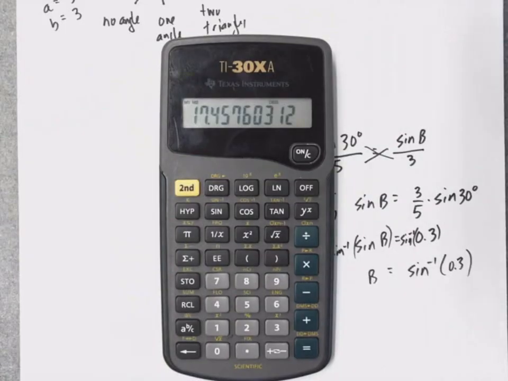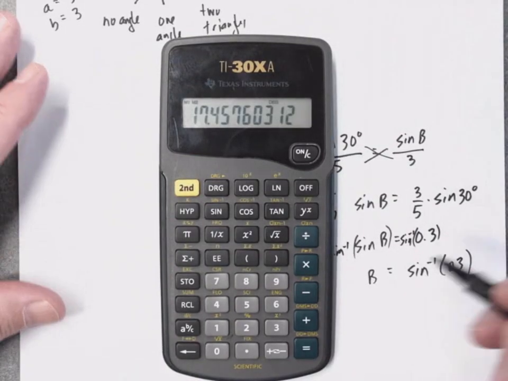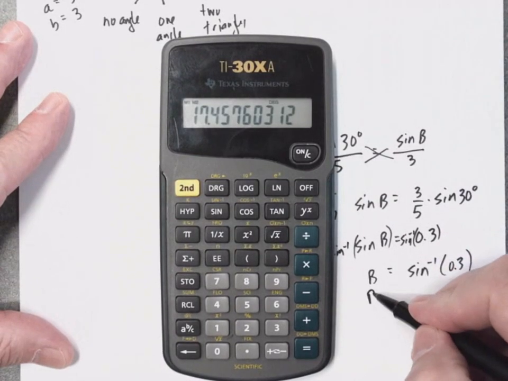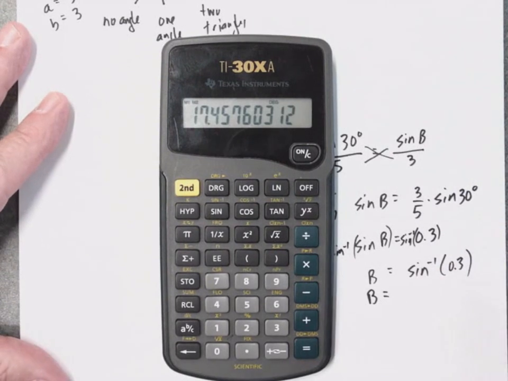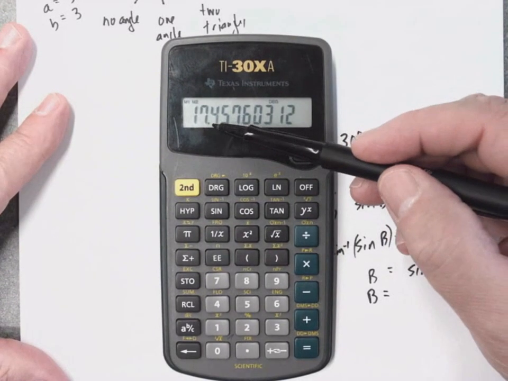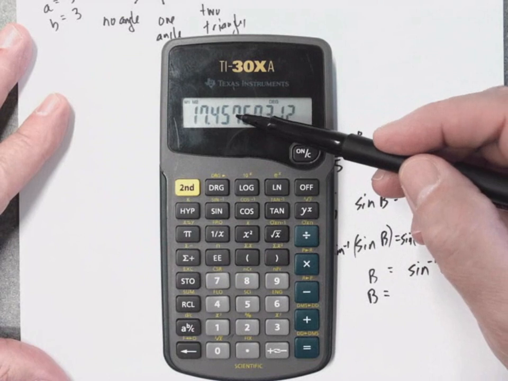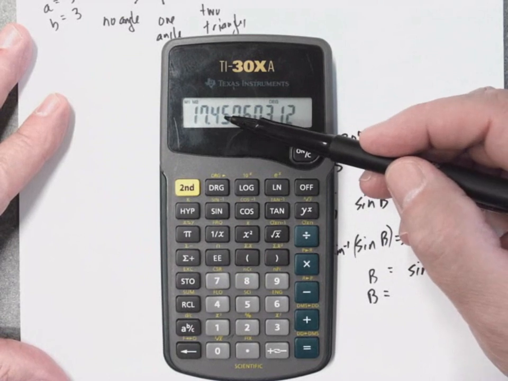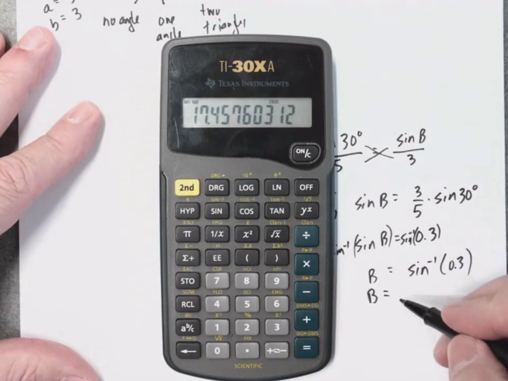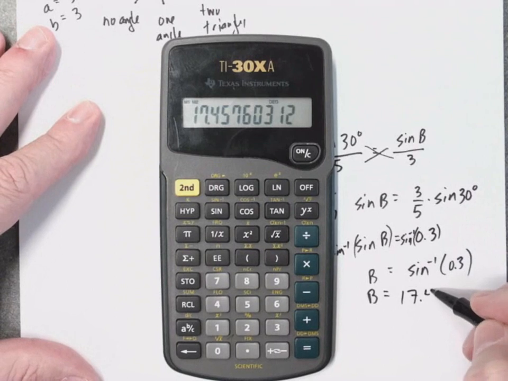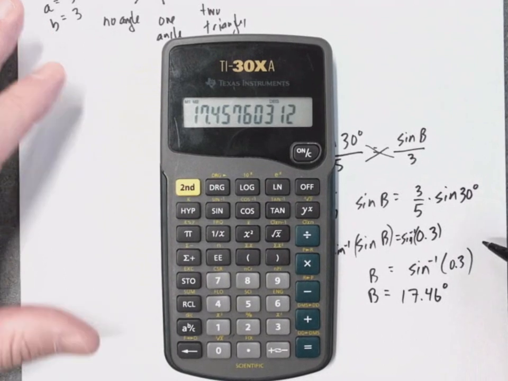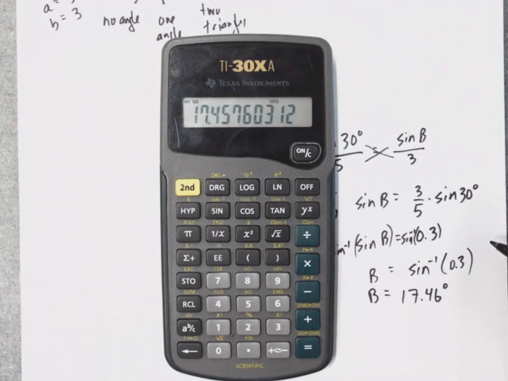So once again, 2 decimal places. Looks like 17.457. 7's the third digit. That causes the 5 to bump up to a 6. Looks like 17.46 degrees.